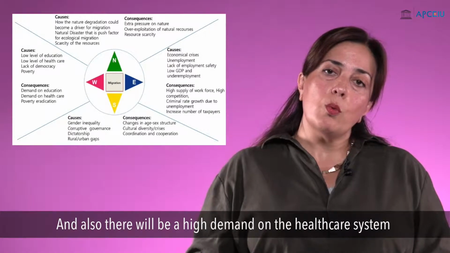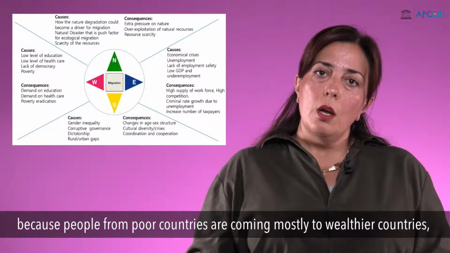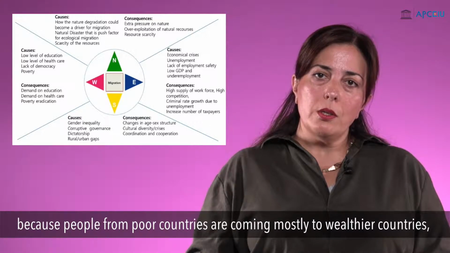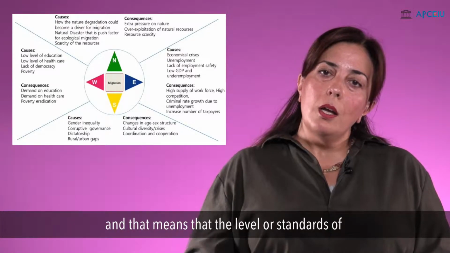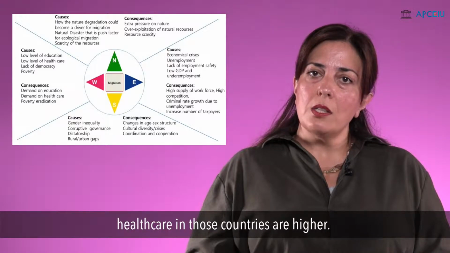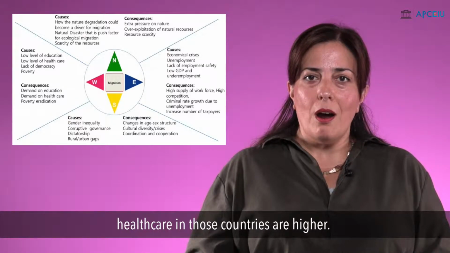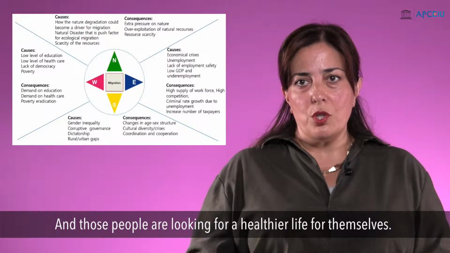And also there will be a high demand on the healthcare system, because people from poor countries are coming mostly to wealthier countries, and that means that the level or standards of healthcare in those countries are higher, and those people are looking for a healthier life for themselves.